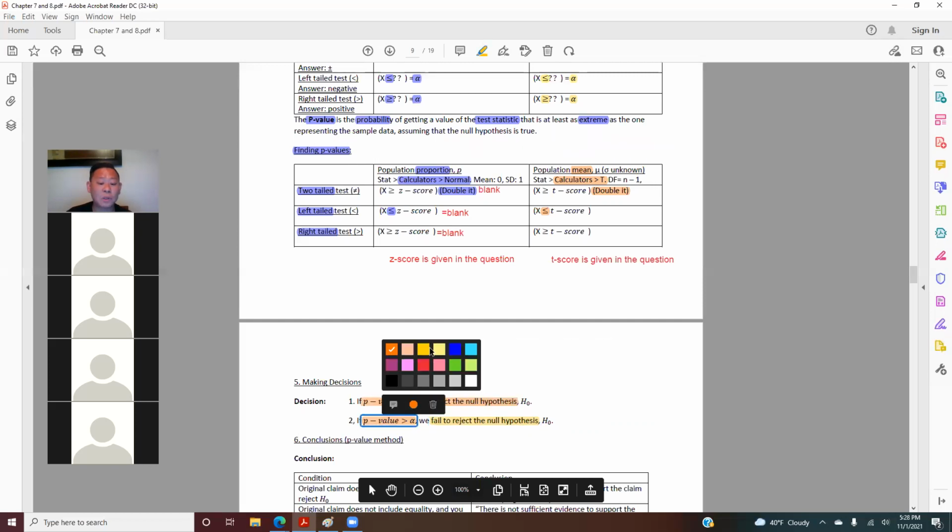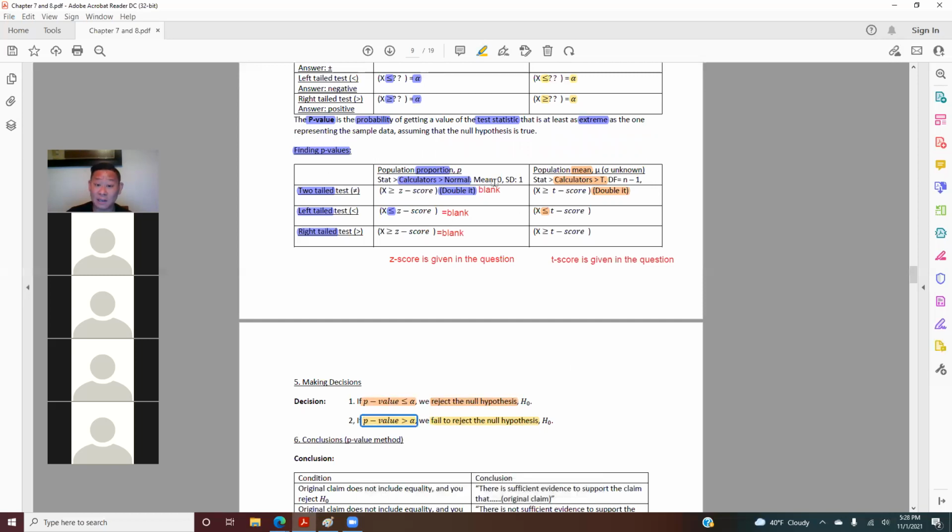So we have to look at the p-value, which is found in here, the one I highlighted in blue, and the alpha. Alpha usually is given in the question, 0.05, even 5%. If the p-value that you found is less than or equal to alpha, we will reject the null. Otherwise, we will fail to reject it.